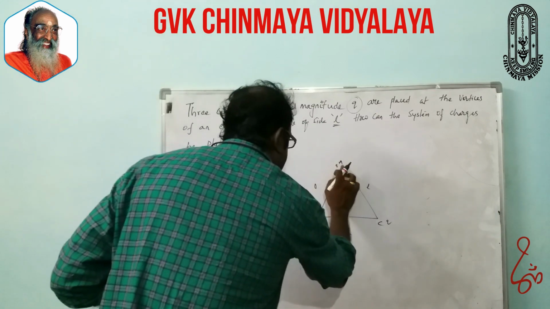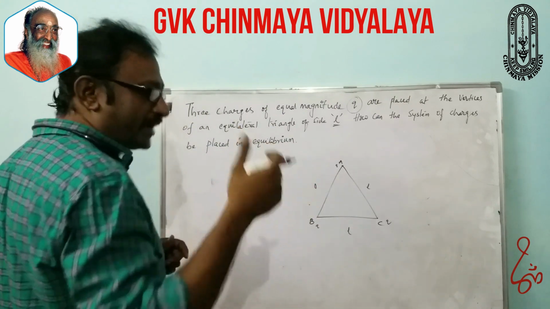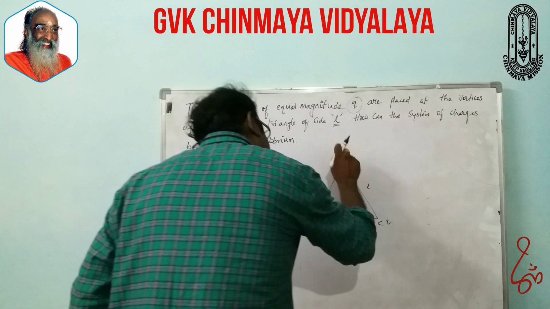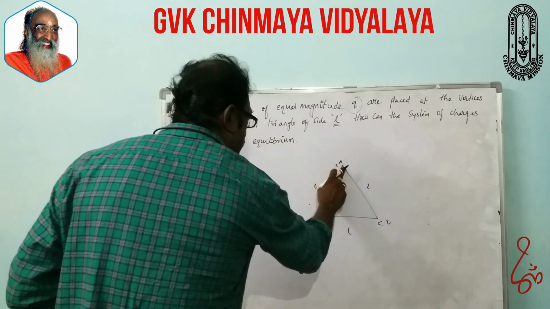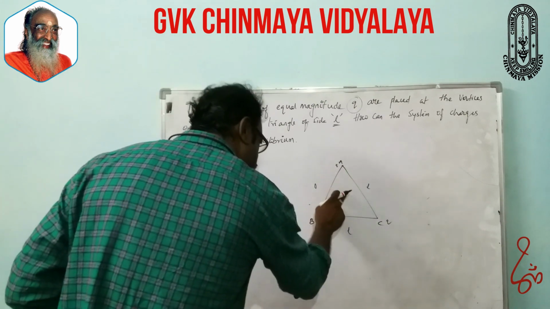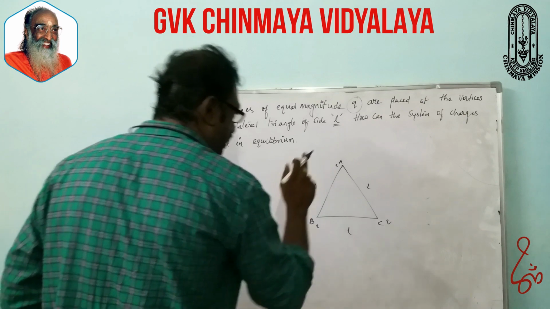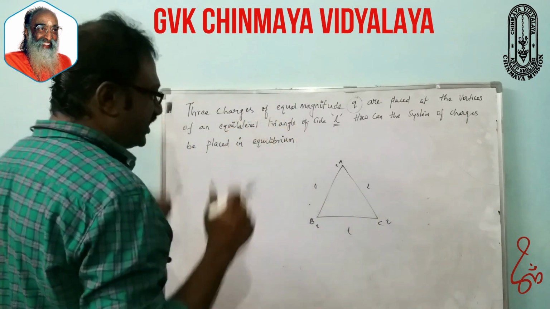To make the net force on this point 0, some other charge should be kept which makes the net force 0. Similarly for the other two. So where can we keep that charge?